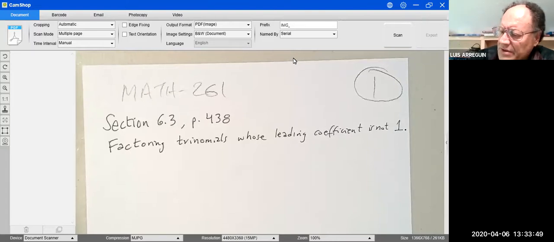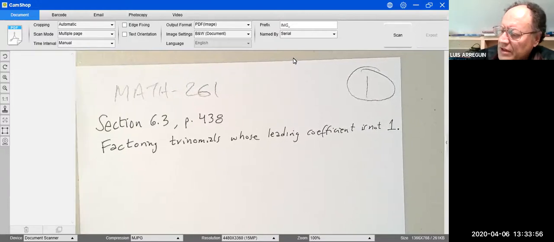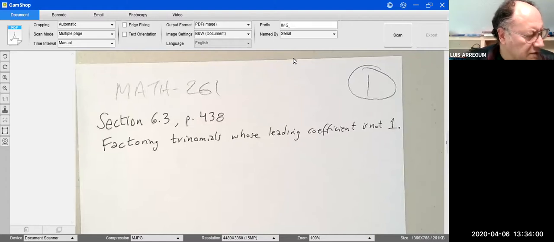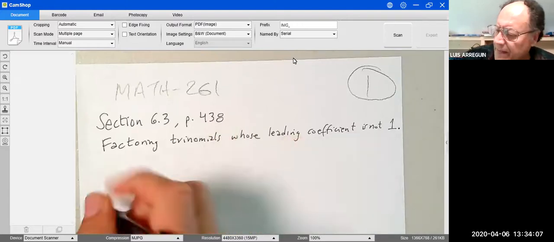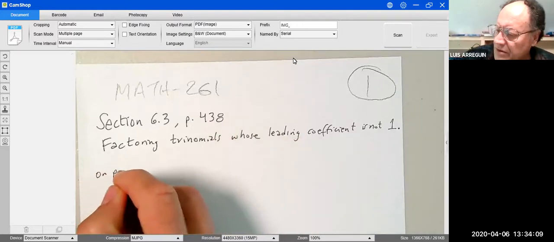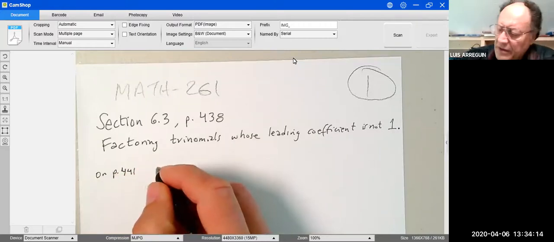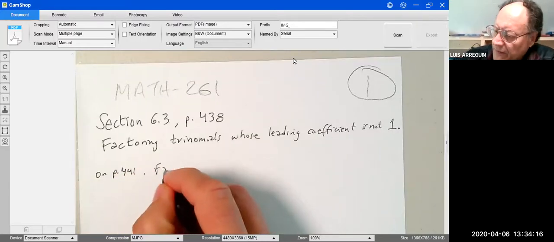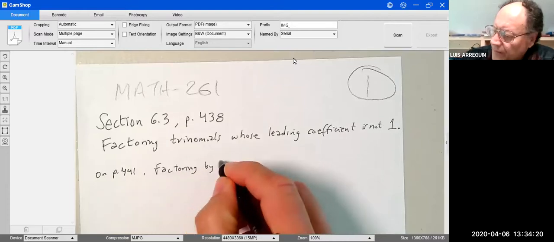So today we're going to cover section 6.3, which is on page 438, and it's about factoring trinomials whose leading coefficient is not 1. Your book starts with some guessing method, but later on page 441, they introduce the method that they call factoring by the grouping method.